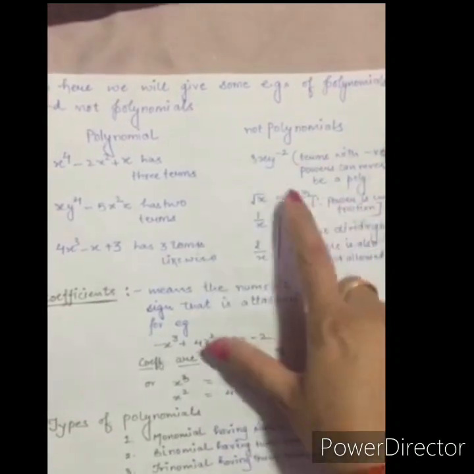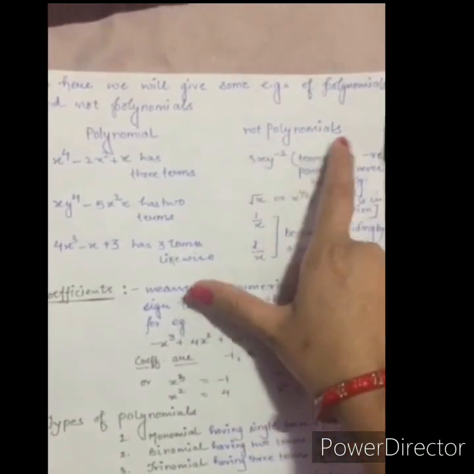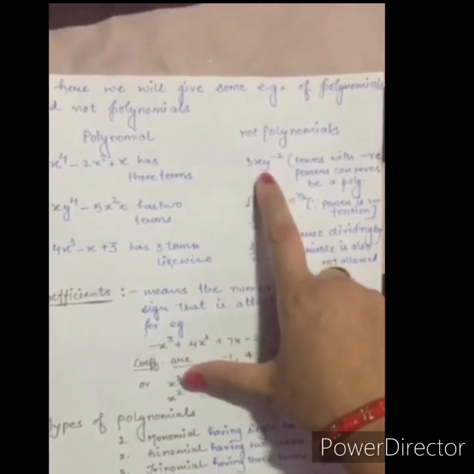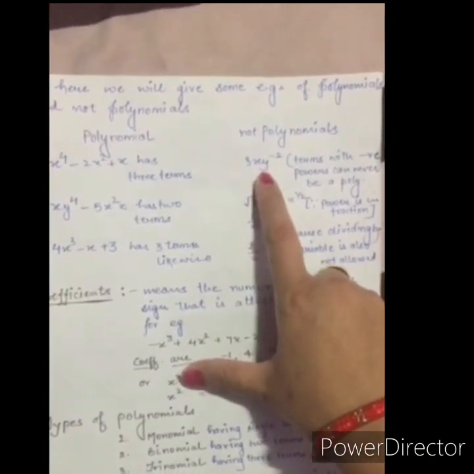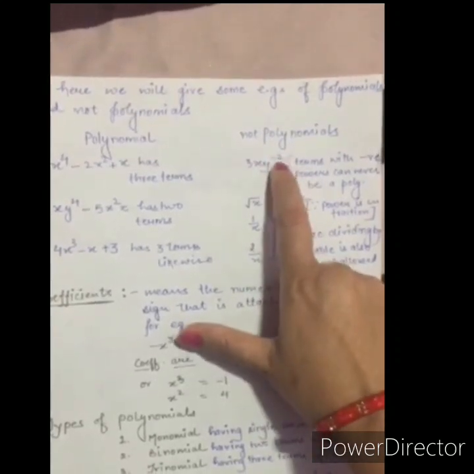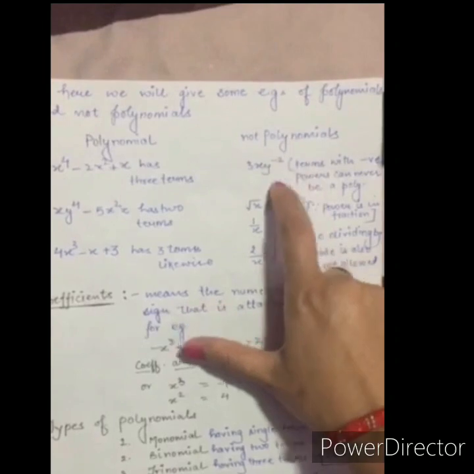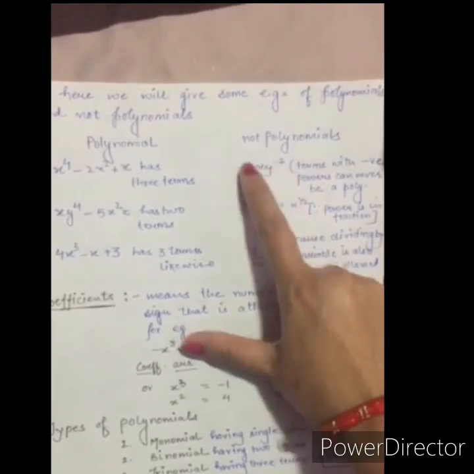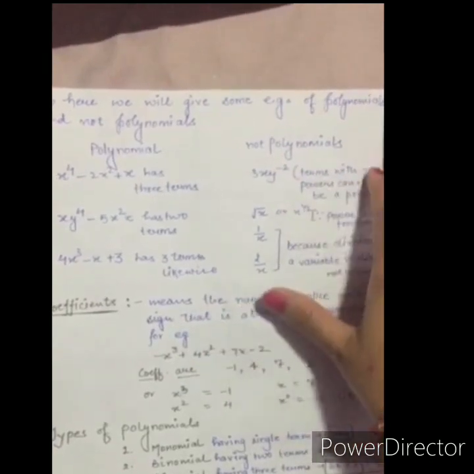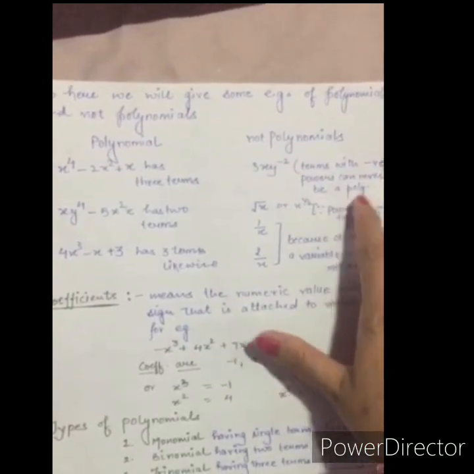But let us move to the right side. We have the terms which are not called polynomials. What are the conditions for not calling them polynomials? See, 3xy, y raised to the power -2. This negative power excludes the expression from being a polynomial. Terms with negative powers can never be a polynomial.